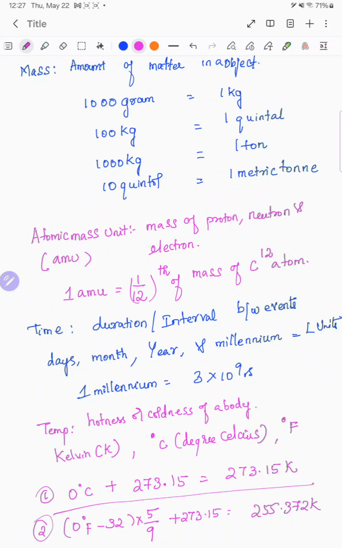This is another formula. Okay, these are some of the units we are using in day-to-day calculations of mass, temperature, atomic mass unit, and the time taken.